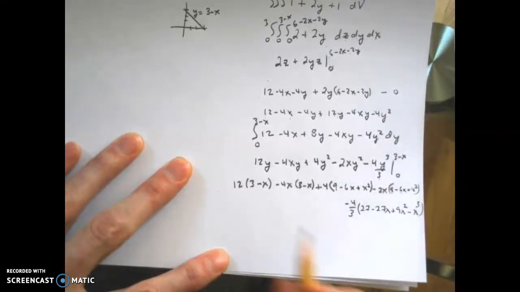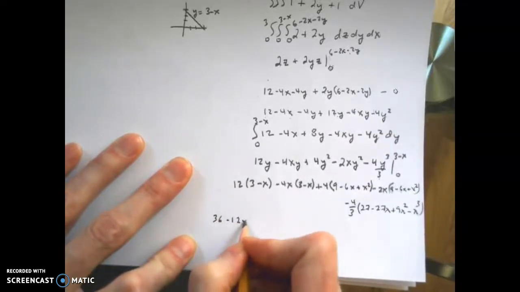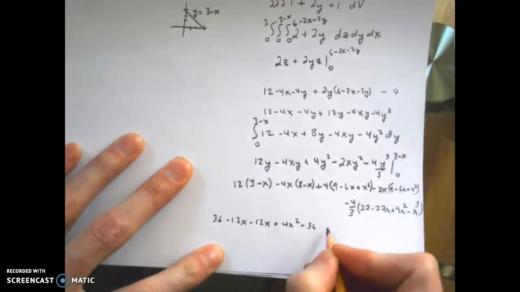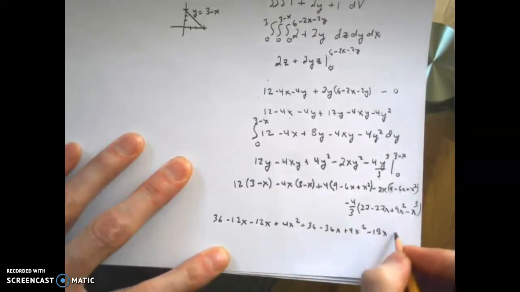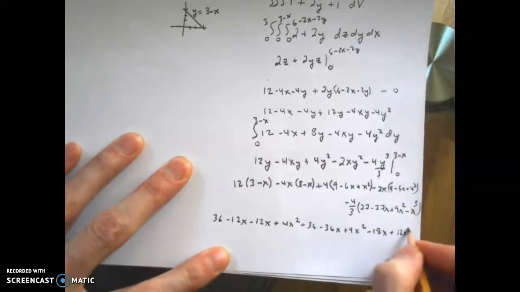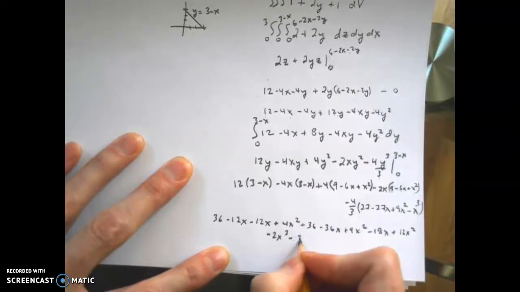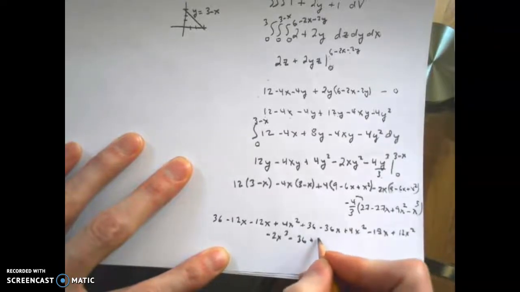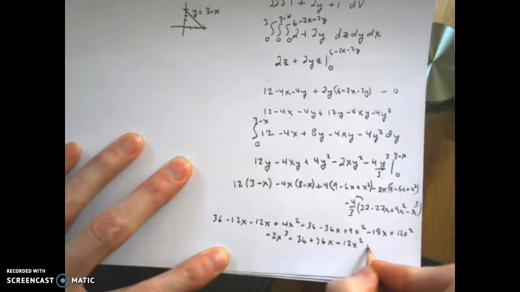Okay, distributing and simplifying. We've got 36 minus 12x minus 12x plus 4x squared plus 36 minus 36x plus 4x squared minus 18x plus 12x squared minus 2x cubed minus 36, now here, 36x minus 12x squared plus 4/3 x cubed.